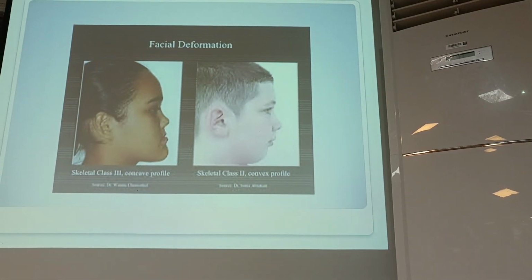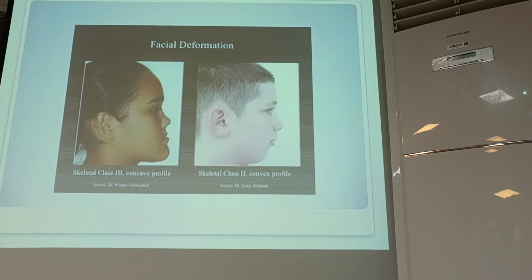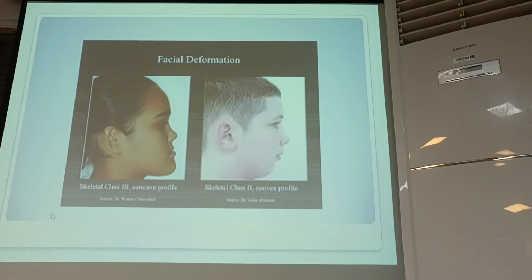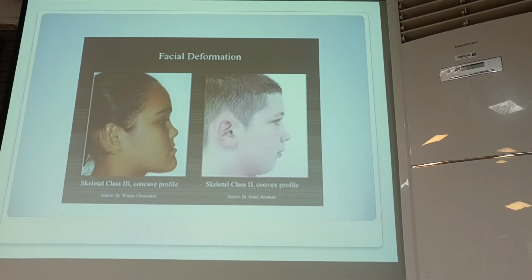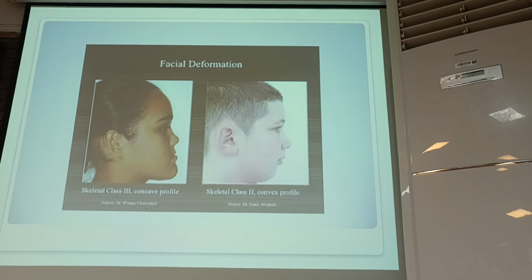And about facial irregularities. In a normal profile, the profile should be completely straight. We name the right one class 2 malocclusion, and the left side it is class 3 malocclusion.